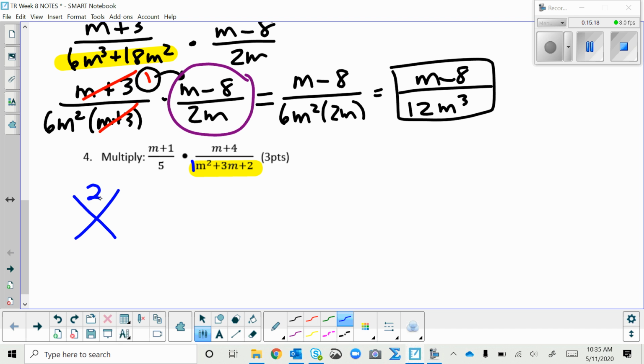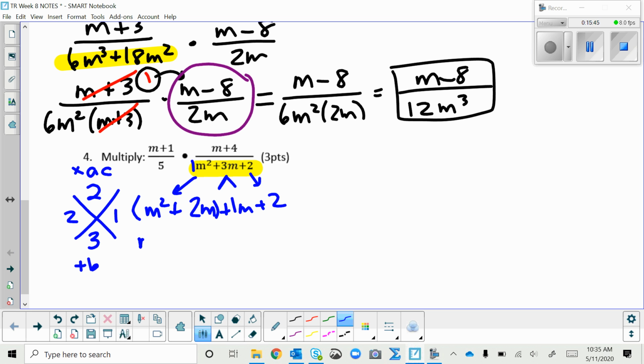What multiplies to 2 and adds to 3, because that's B, right? What multiplies to AC and adds to B. And that is 2 and 1. So I rewrite that middle term as 2m plus 1m. And then I have the first term m squared and the last term, and I do my grouping.